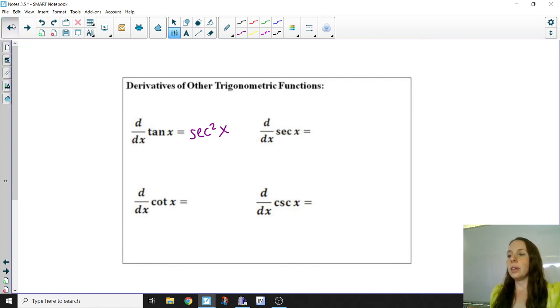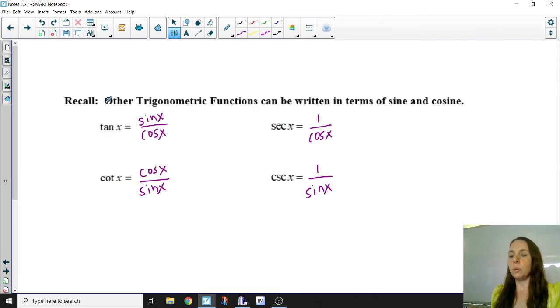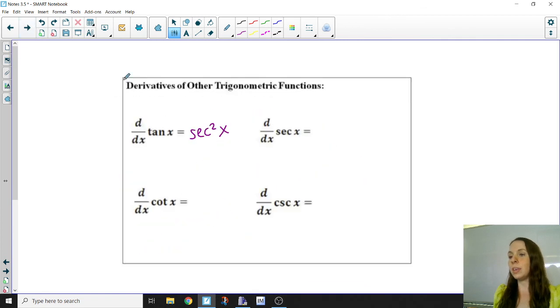Now, you can use that quotient rule to get the derivatives of the other 3. I'm not going to do all of that here in this video, but we will be doing it in class together if you're one of my students. So you can do it here, low d high minus high d low over low low for secant x, and what you will get is secant x tangent x.